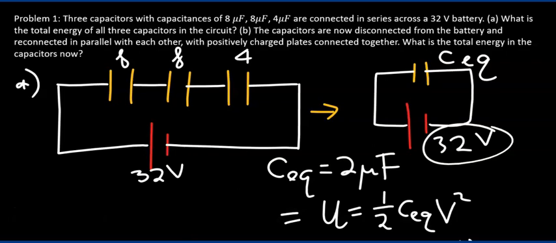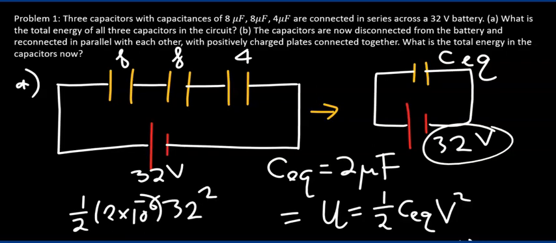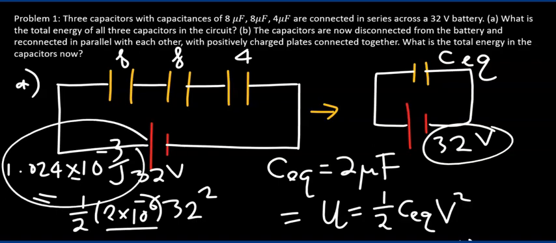Substituting these numbers, you get half times 2 microfarad times 32 squared. So 2 microfarad is 2 times 10 to the power minus 6, and that will give you 1.024 times 10 to the power minus 3 joules for the energy.